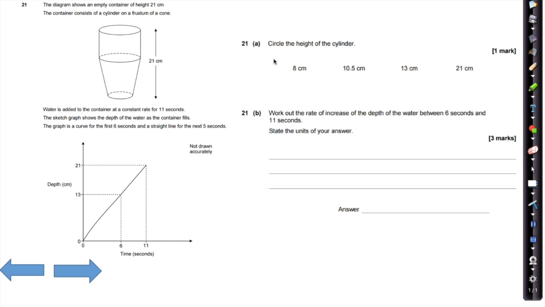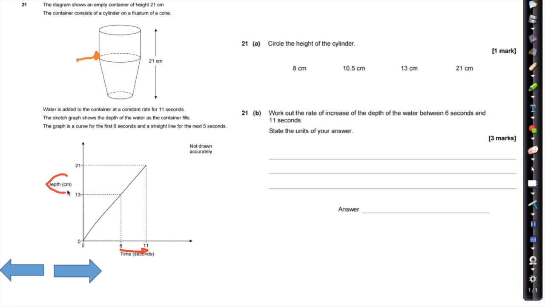So if you want to find out the height of the cylinder, well, if it fills up at the top and starts increasing at the same rate at this point here, at the bottom of the cylinder, then the height of the cylinder is just the same as the length of our straight line in terms of height.